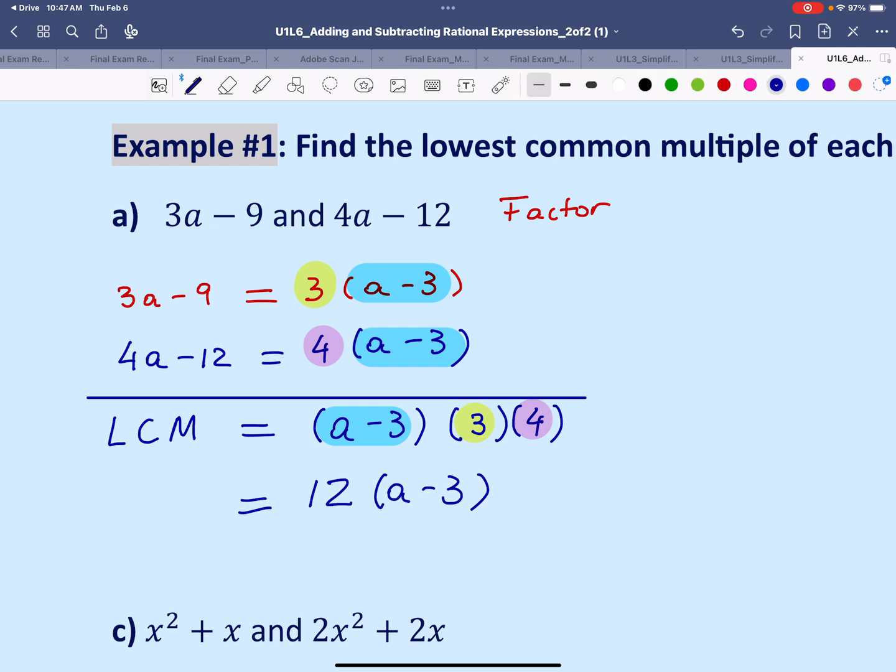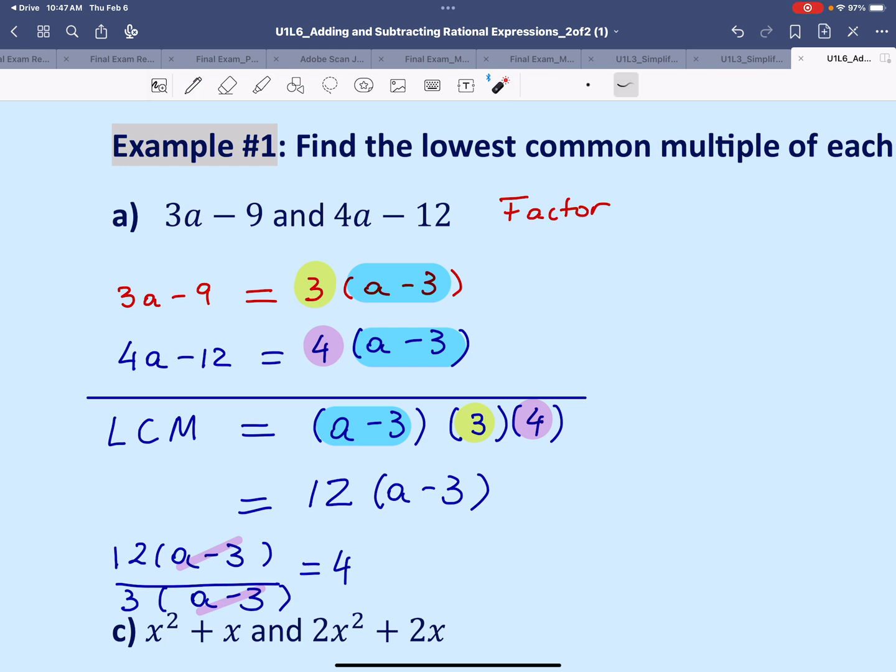What does that mean? If you have 12 times a minus 3 and 3a minus 9, which in factored form is 3 times a minus 3, it will divide evenly, meaning that the answer will be equal to 4. So there are 4 of 3a minus 9 in the lowest common multiple.